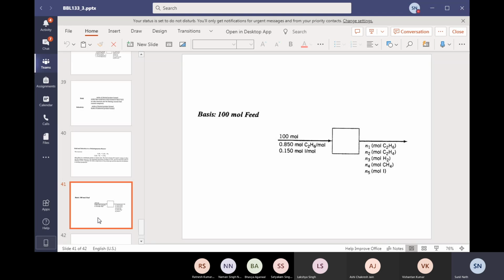Input minus output plus generation is 0, so output equals generation in this case.